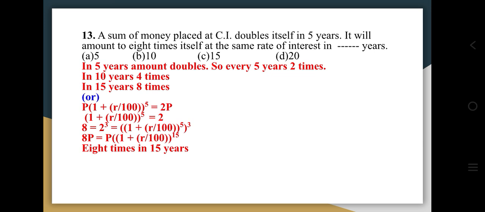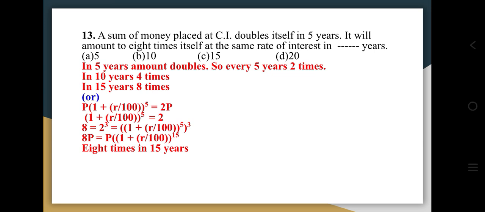5 years the amount doubles means every 5 years the amount becomes 2 times the amount. So what happened to the amount in 10 years? In the first 5 years it becomes 2 times the amount.